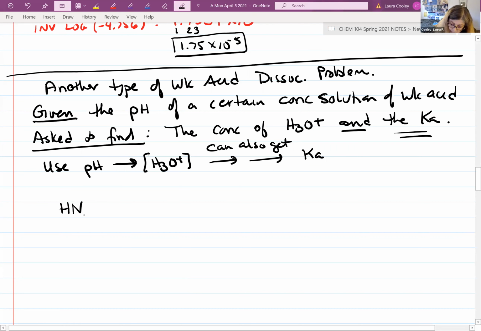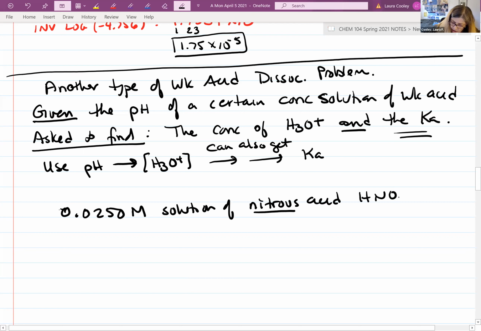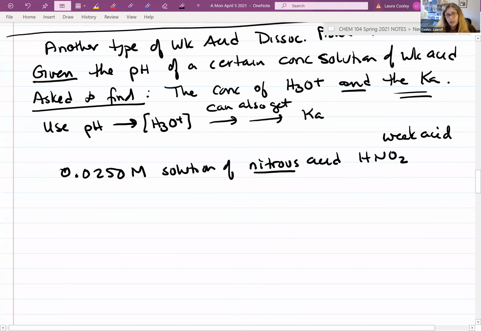So suppose we have a 0.0250 molar solution of nitrous acid. That's HNO2. It's not nitric acid, which would be HNO3, which is a strong acid. This is a weak acid. It is on the chart, but we're not looking at the chart.